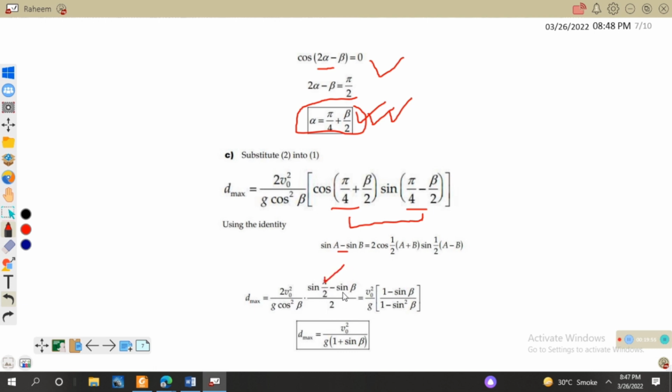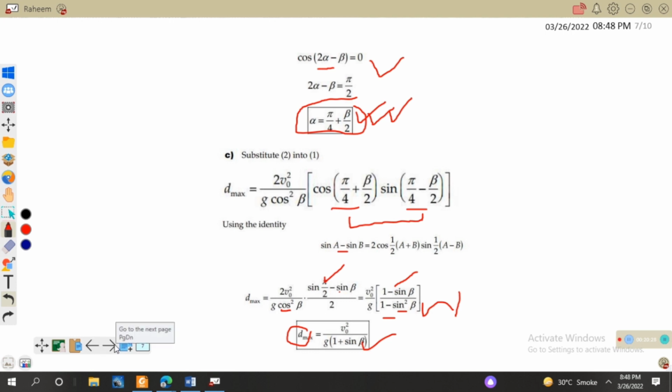Sin pi over 2 is 1, so we have 1 minus sin beta. Writing cos squared beta as 1 minus sin squared beta, we further write it as (1 plus sin beta)(1 minus sin beta). The 1 minus sin cancels, and we are left with 1 plus sin. So this is the required expression for the maximum range.